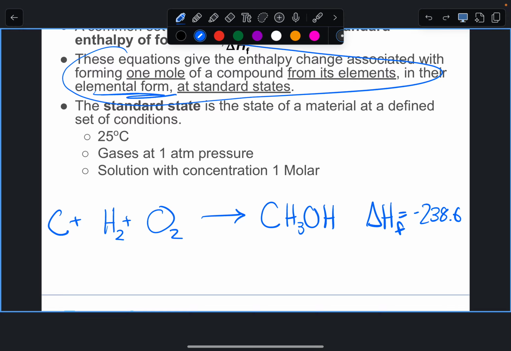So we need 1 carbon, done. We need 4 hydrogens, so we'll put a 2 there. And then we just need 1 oxygen, so we're going to put a half there. Okay? So that is the reaction it's talking about when the table says the delta H of formation of CH3OH is negative 238. This is the reaction it's talking about.